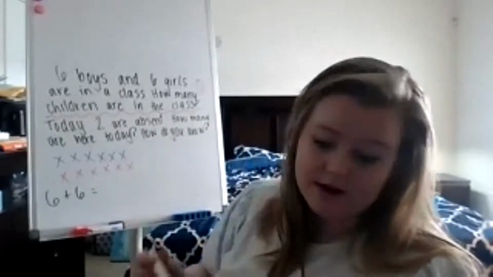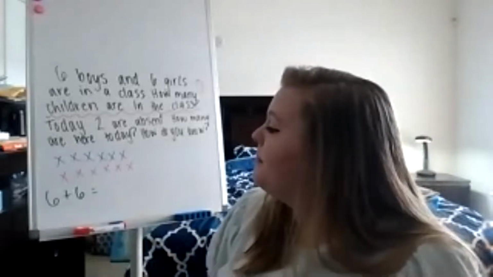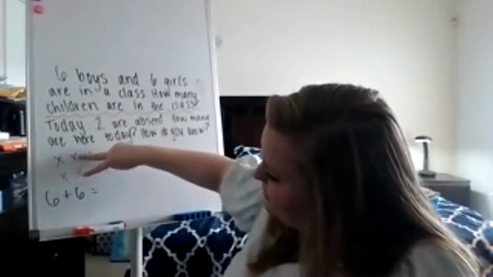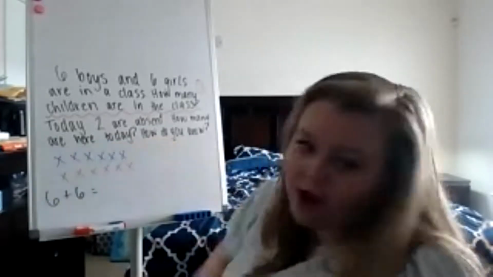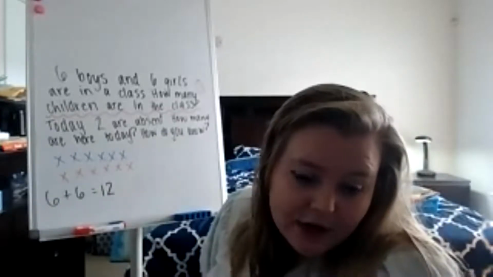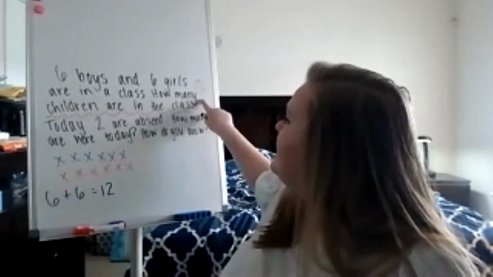Oh, I'm sure some of you are thinking it doubles. So let's figure this out. I'm going to do it by counting by twos. 2, 4, 6, 8, 10, 12. So when I add up my boys and my girls together, that gives me 12. So that's the answer to the first one.